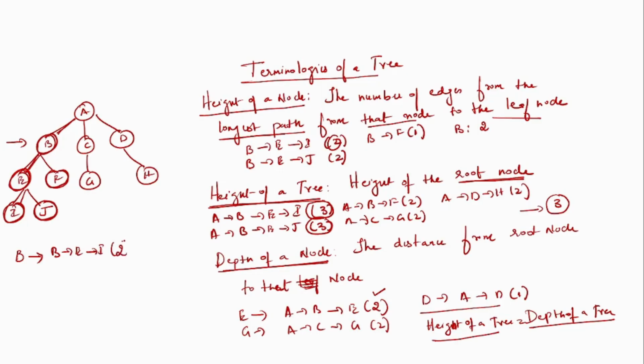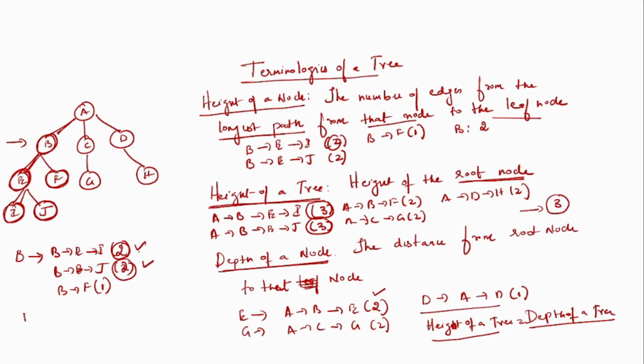It is also B to E and E to J, 2, and B to F also. So the largest path is B to E and E to I, and B to E and E to J, 2. Therefore, the height of B is 2.